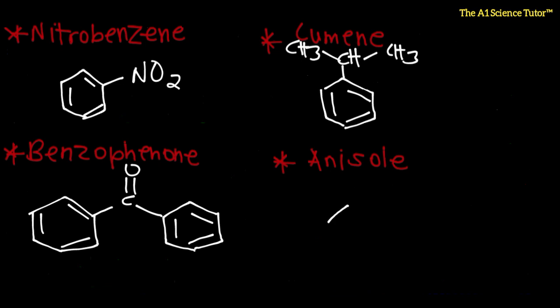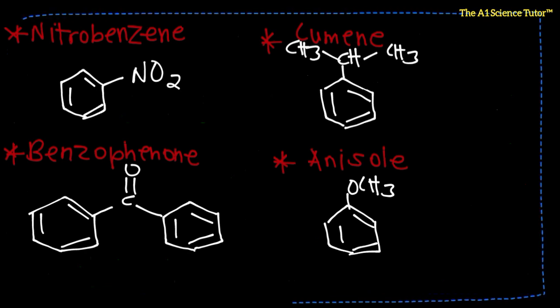So anisole should be drawn this way. So this is going to be a methoxy. This is a methoxybenzene kinda. So we just have some few more to look at. So what is going to be the names for these ones?